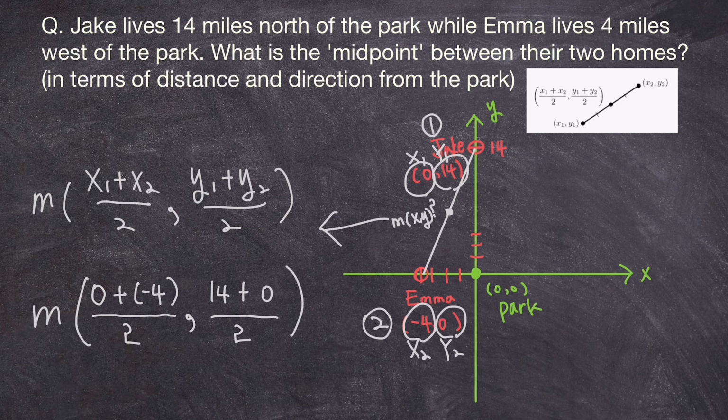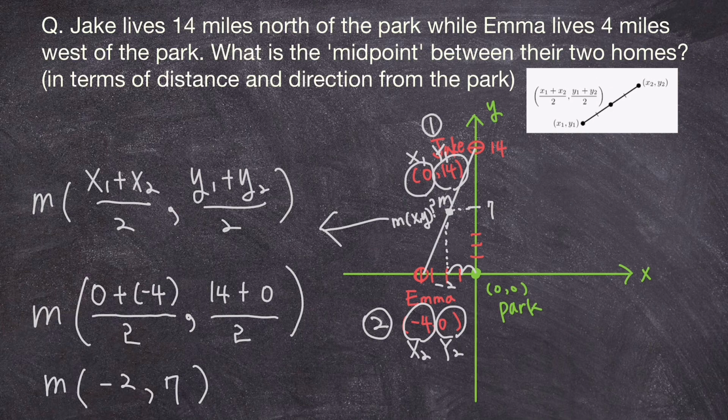And that's going to be our midpoint. Let's do the simple calculation. Our midpoint is at -2, 7. So our midpoint has x-coordinate -2 and y-coordinate 7. So that's our midpoint.